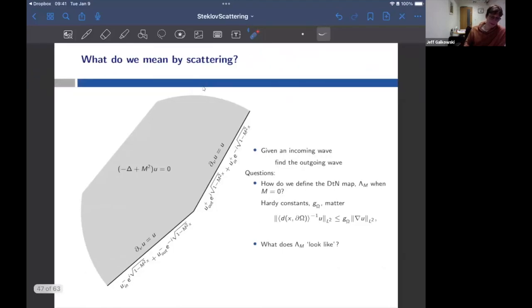Okay, so then once you've described what this Dirichlet-Neumann map is, that it exists, you would like to know, in order to do scattering theory, what it looks like, right? What I mean by this is that, in a way, scattering theory is about what happens at the various infinities. So here there are two: there's the frequency infinity and the physical infinity, right?